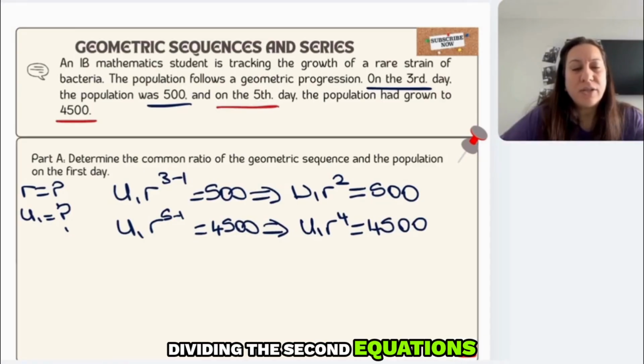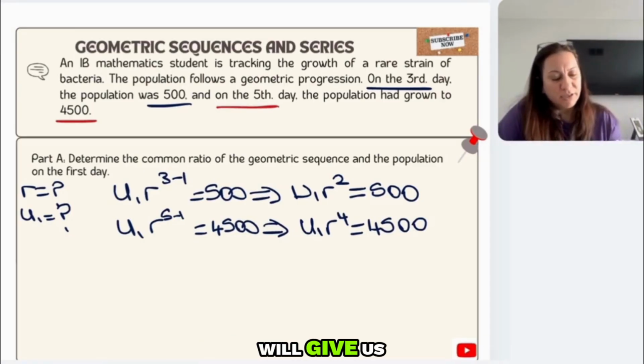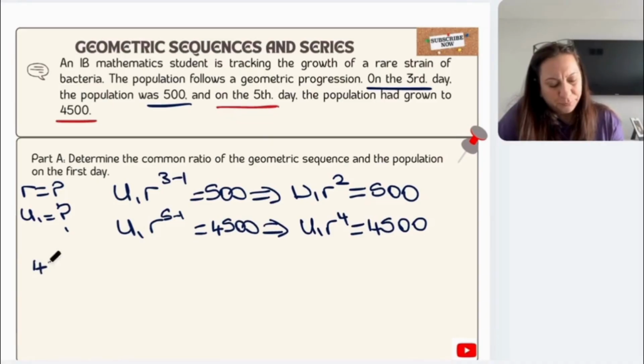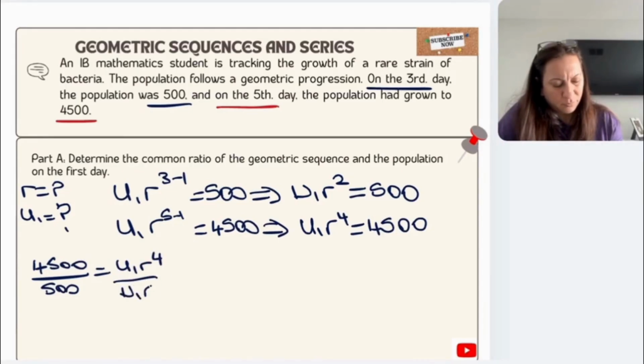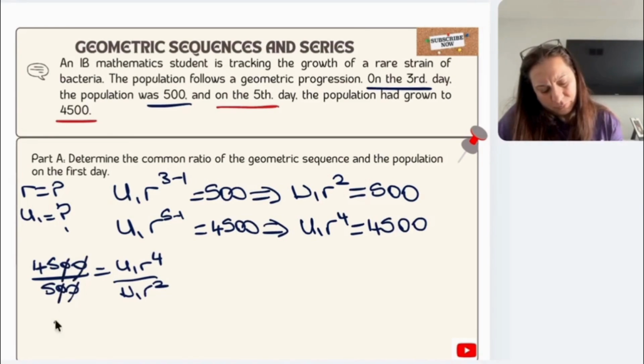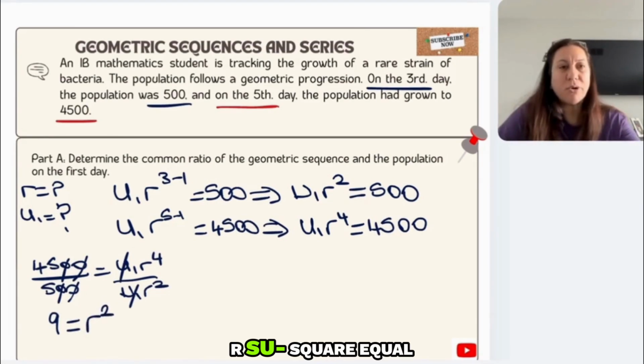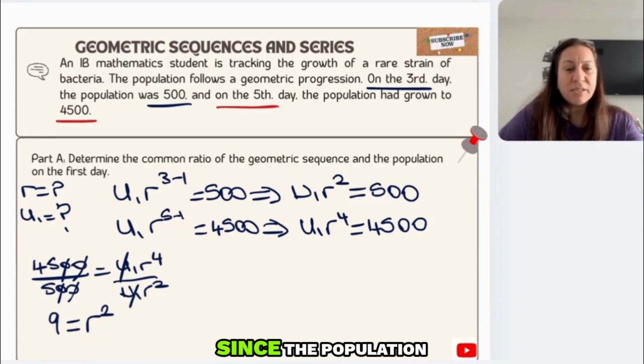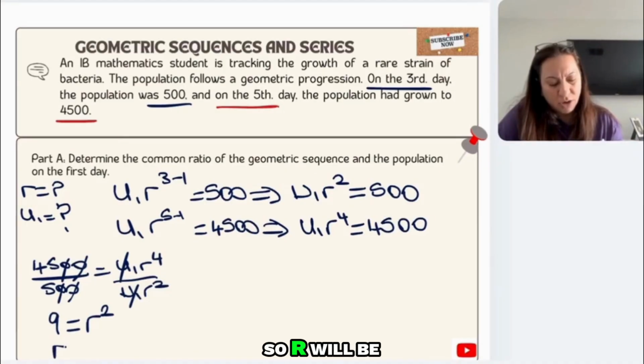Dividing the second equation by the first equation will give us r squared equal to 9. Since the population is growing, we take the positive root, so r will be equal to 3.